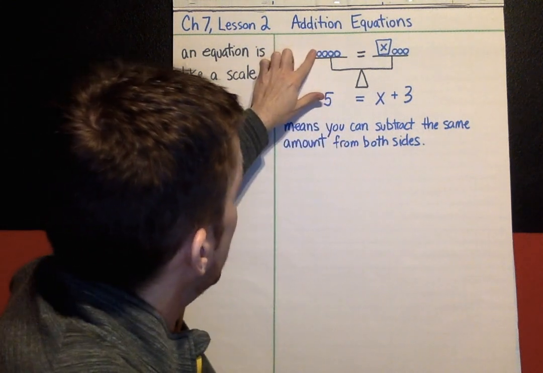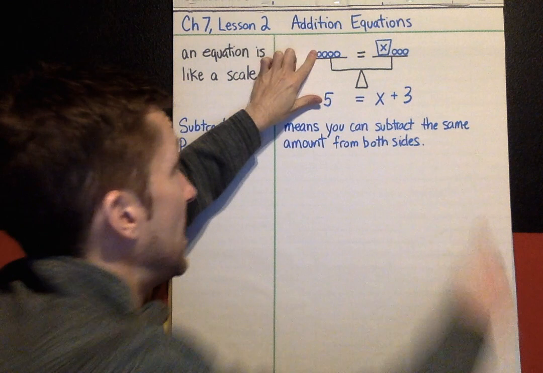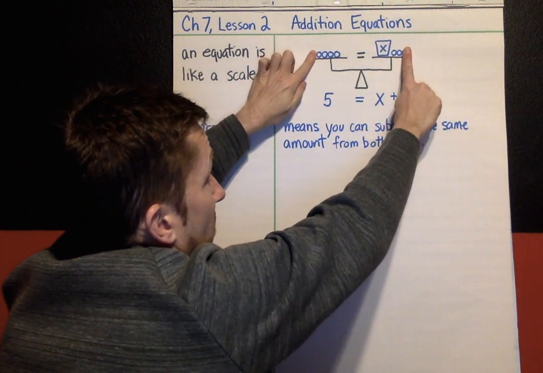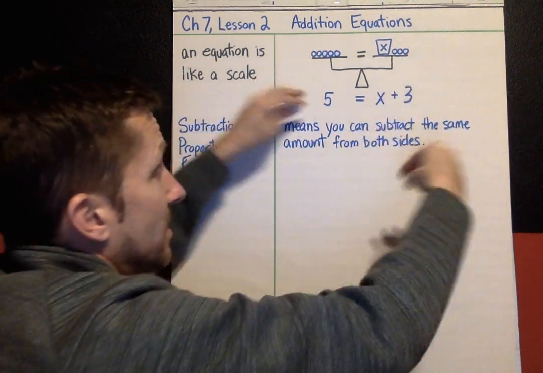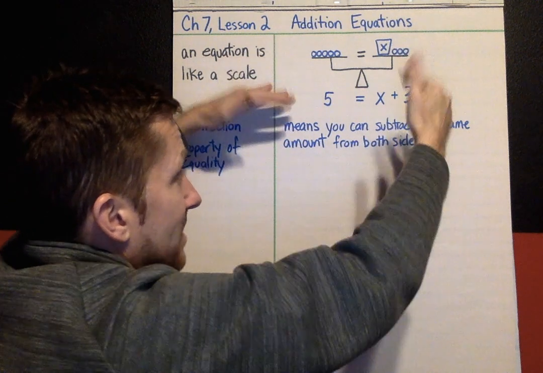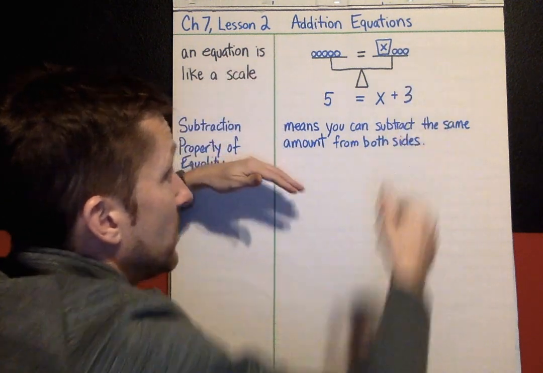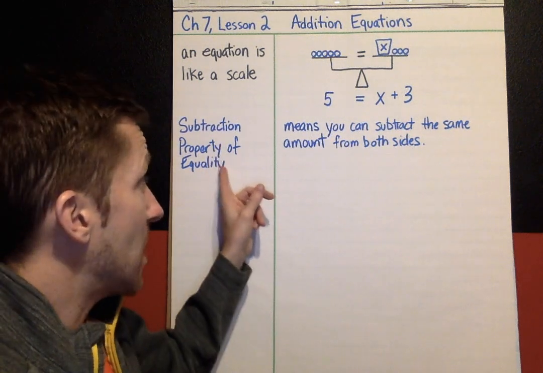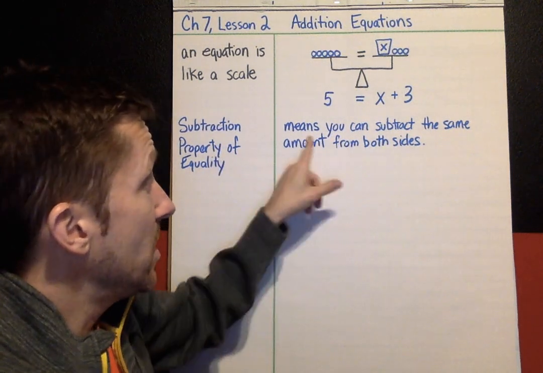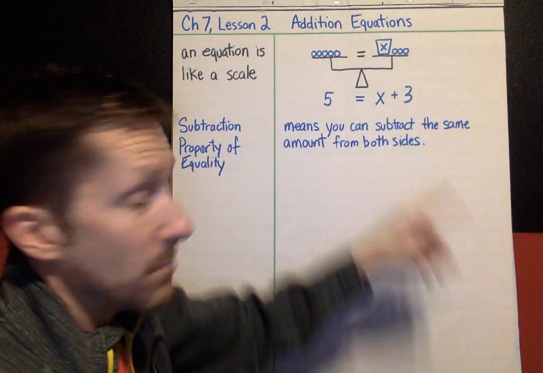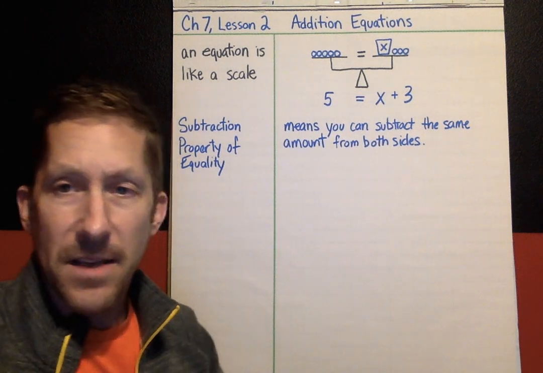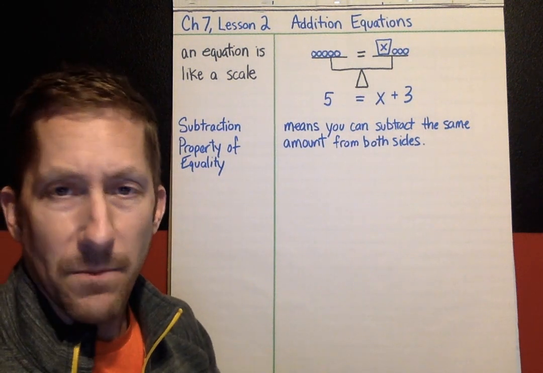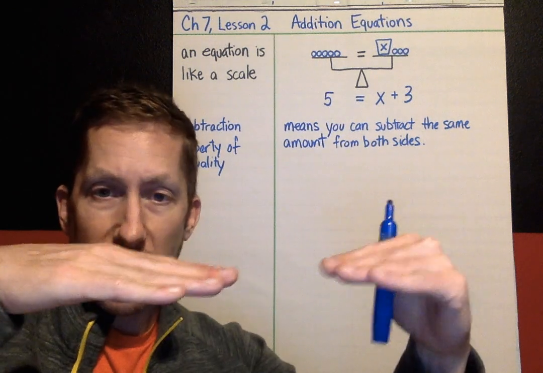Imagine, so now I'm going to go back to the model. Imagine I took one counter off of this side and I took one counter off of that side. Well, because I reduced them by the exact same amount, it's going to stay balanced. That's what the subtraction property of equality tells you. You can subtract the same amount from both sides, and I think you can probably tell by that explanation, the scale would stay like this.